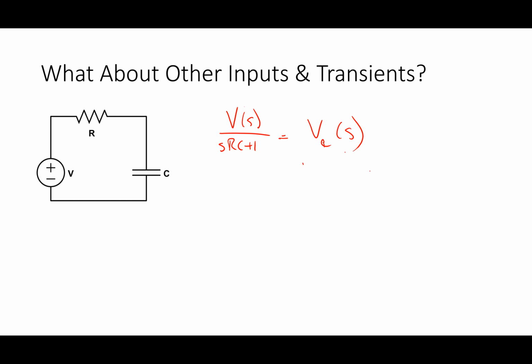Okay. So if v of t was 5e to the negative 3t u of t, what is V of s? What's the Laplace transform of that expression?